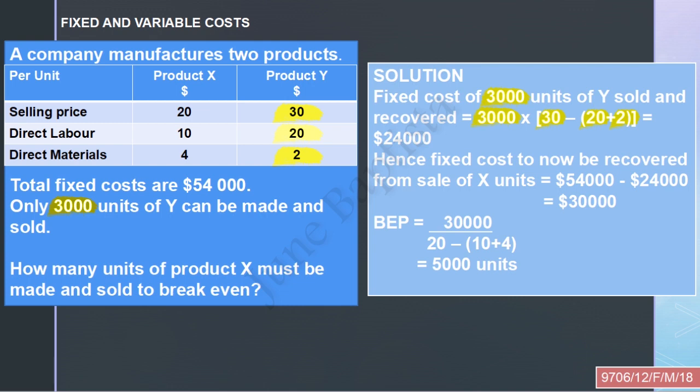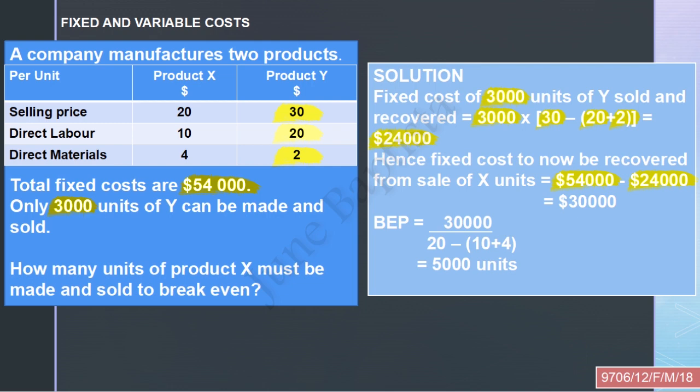Hence, the fixed cost to now be recovered from the sale of X is equal to $54,000, which is the total fixed costs, minus $24,000, the fixed costs already recovered from the sale of Y, to give us $30,000.